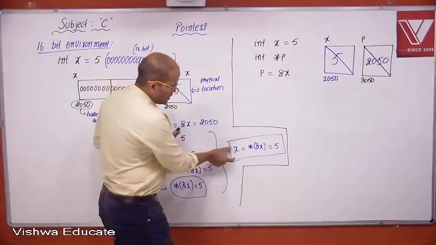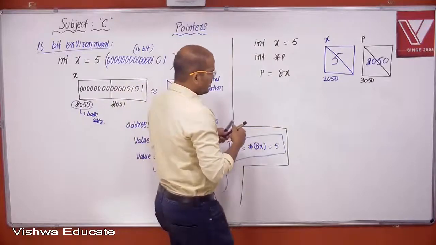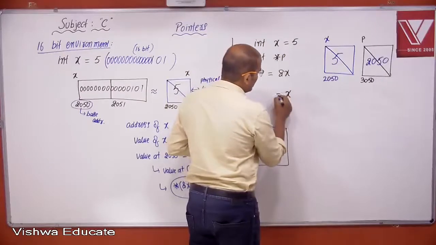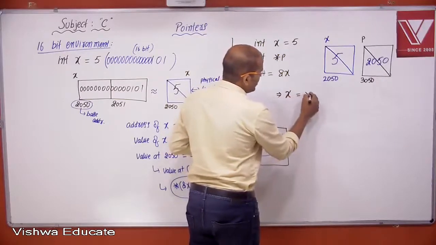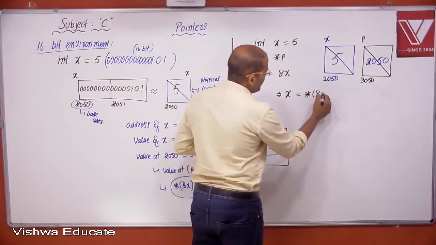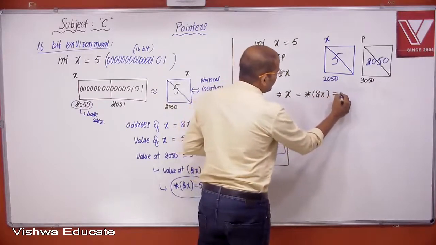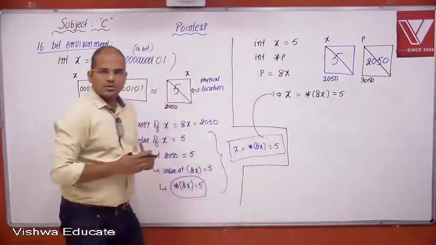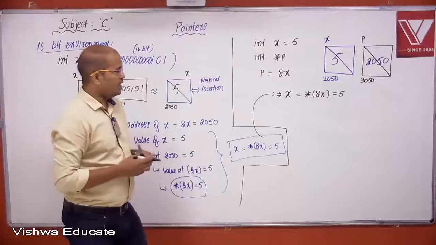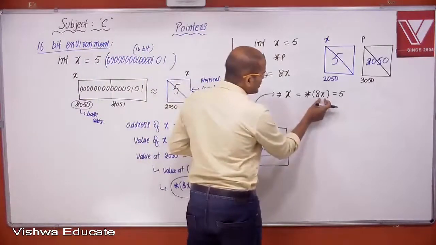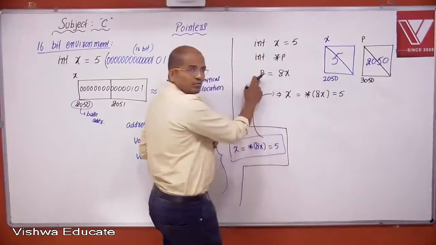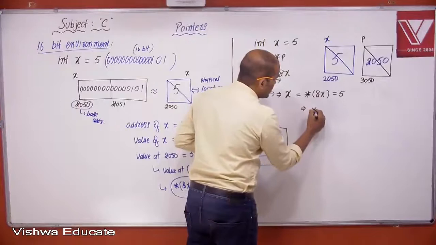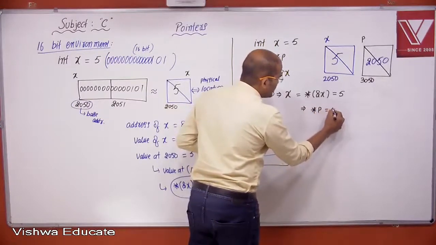Now from this box we observed that the value of x is same as value at address of x, which is 5. Accepted? Now can I write address of x as p? So it means that my value at p is 5.